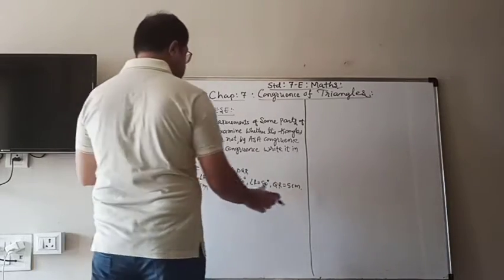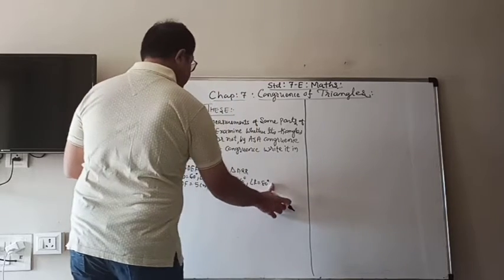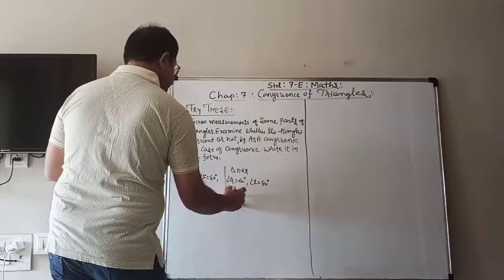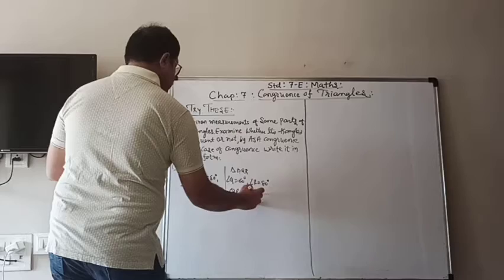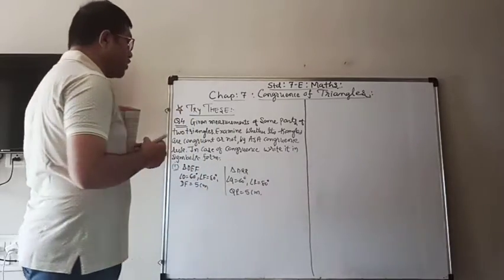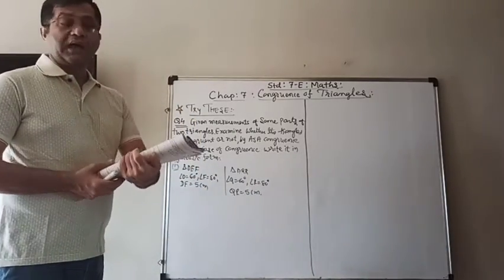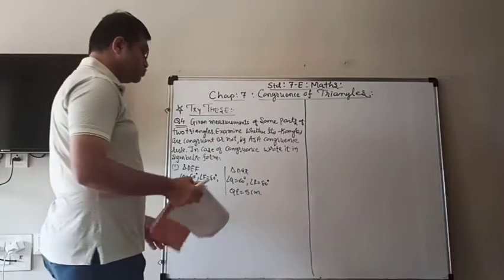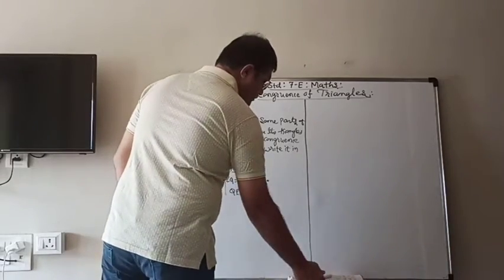Now we have to check whether, by applying the ASA congruence rule, these two triangles are congruent or not?